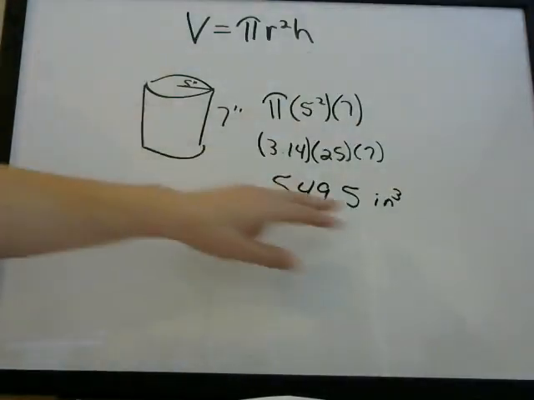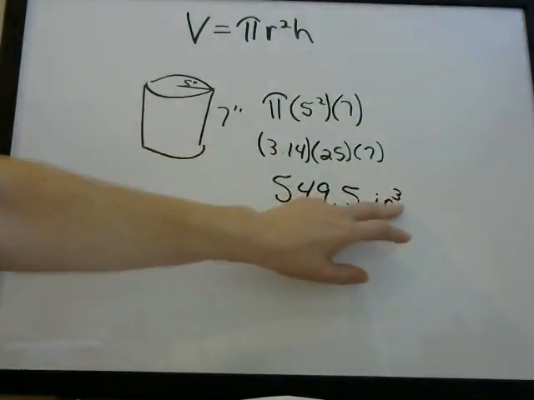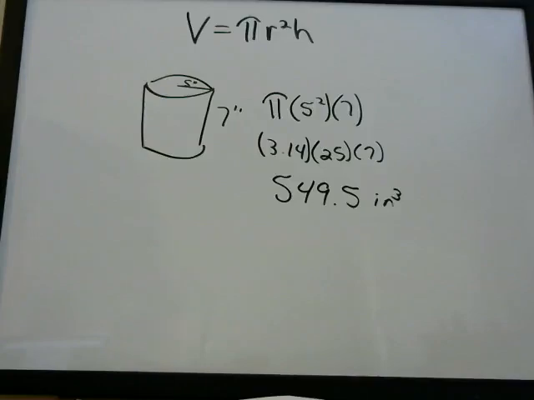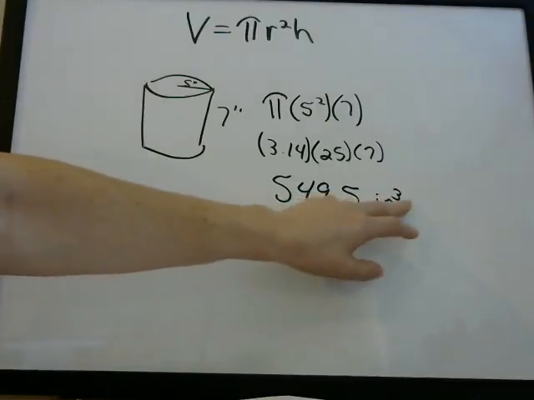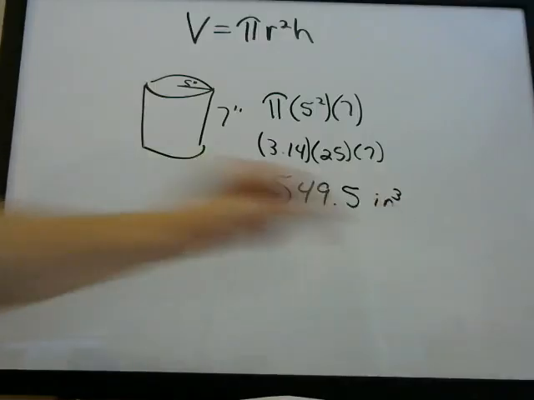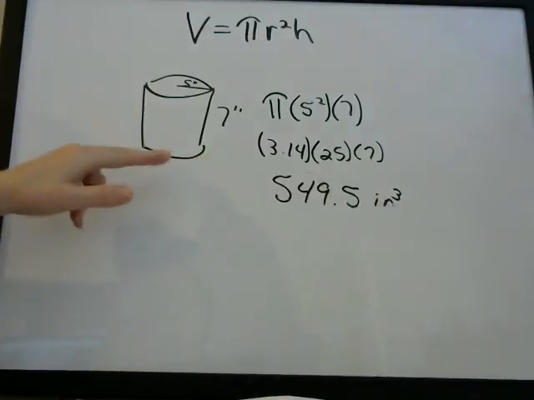So when you're dealing with volume, you're always dealing with cubic units. That can also be a key to the problem. If there's a word problem, they talk about cubic, you know you're dealing with a volume problem. But also make sure you label it correctly, and we use a 3 for cubic. So that's a basic idea on how to do a problem like this.